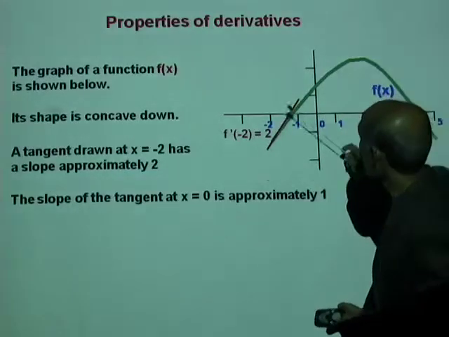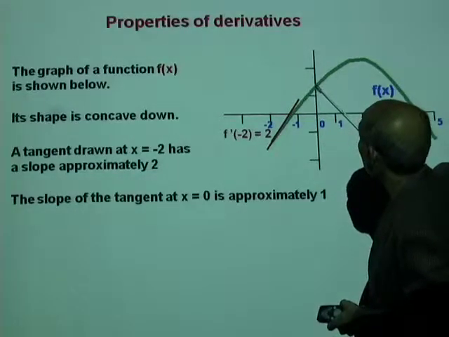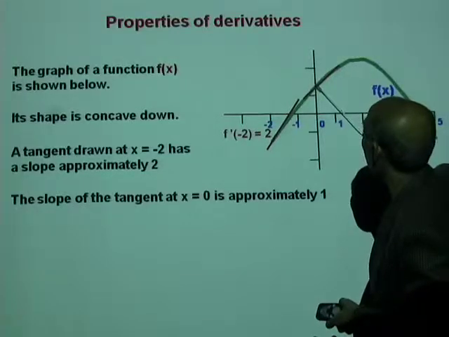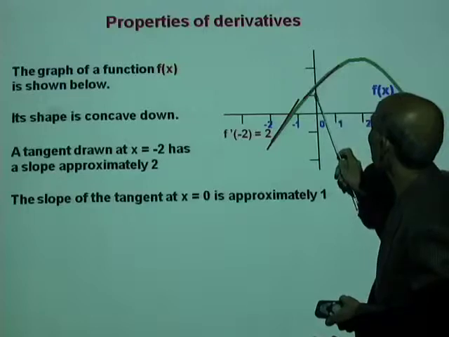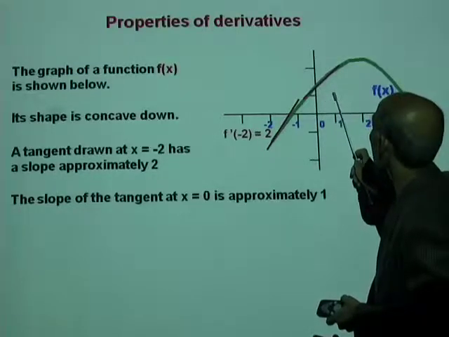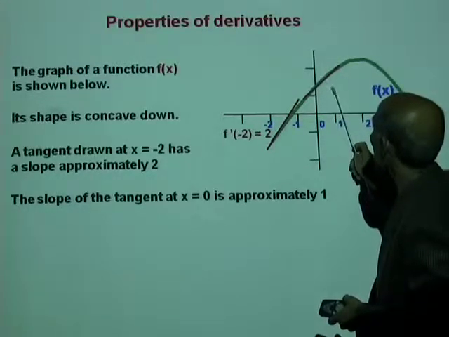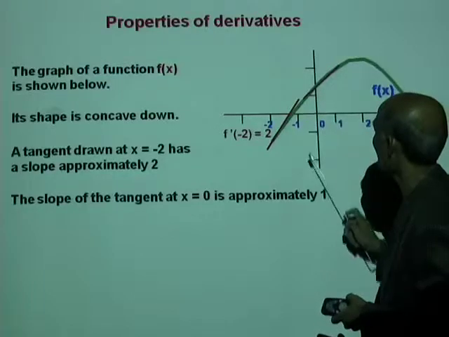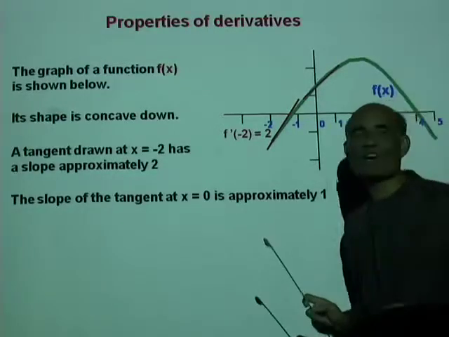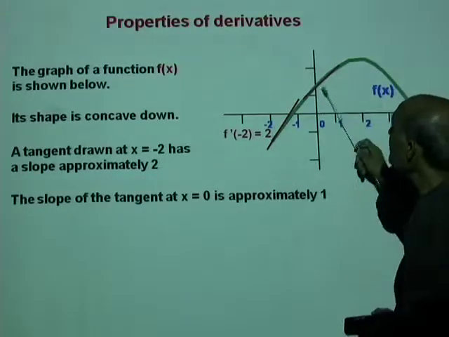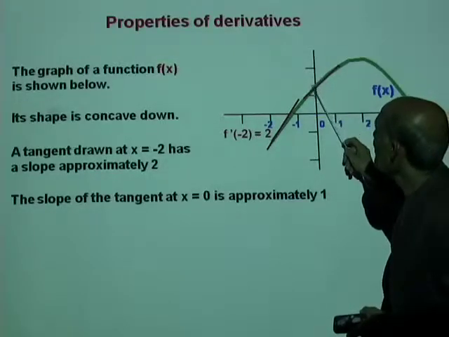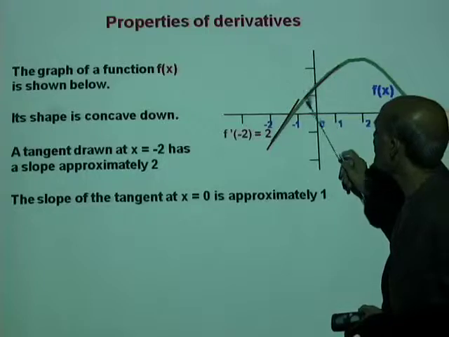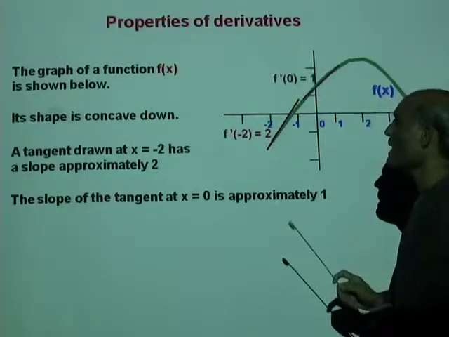Alright, let's now draw a tangent line at x equal to 0. There is the tangent line at x equal to 0. What is the approximate slope of this graph? If I go 1 unit to the right, I just rise 1 unit to reach there. It looks like the slope is approximately 1. That means the derivative of the function at x equal to 0 is approximately 1.